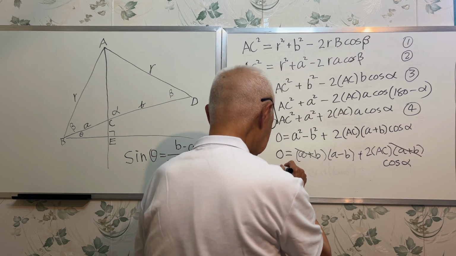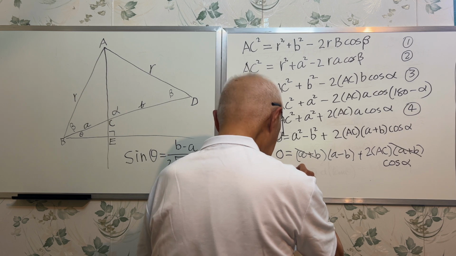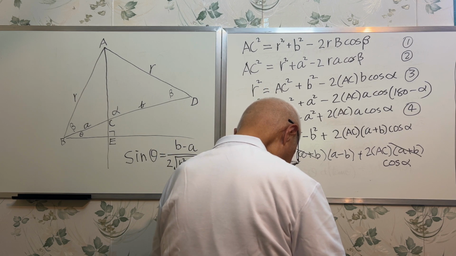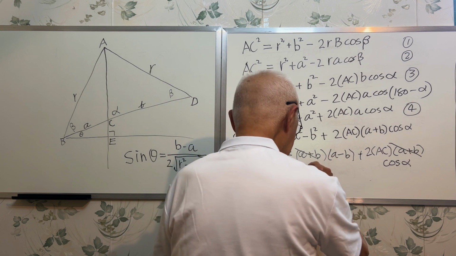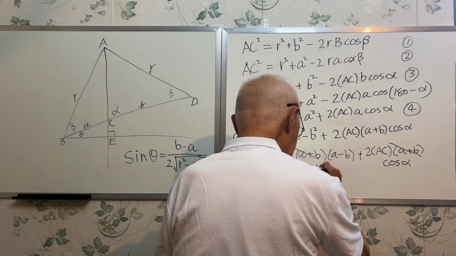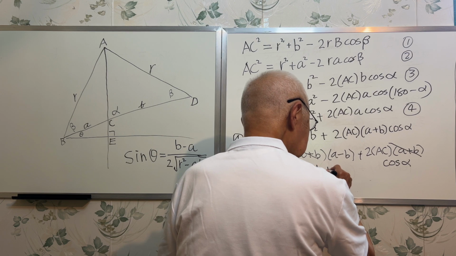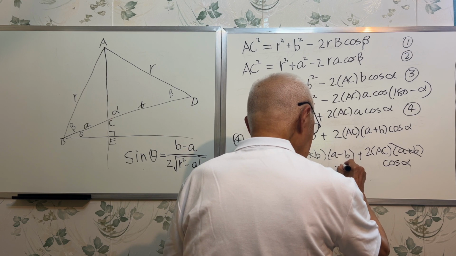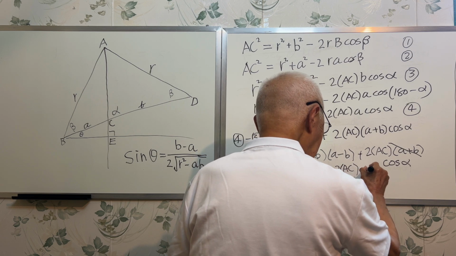So this is 0 equals a minus b plus 2AC cosine alpha.